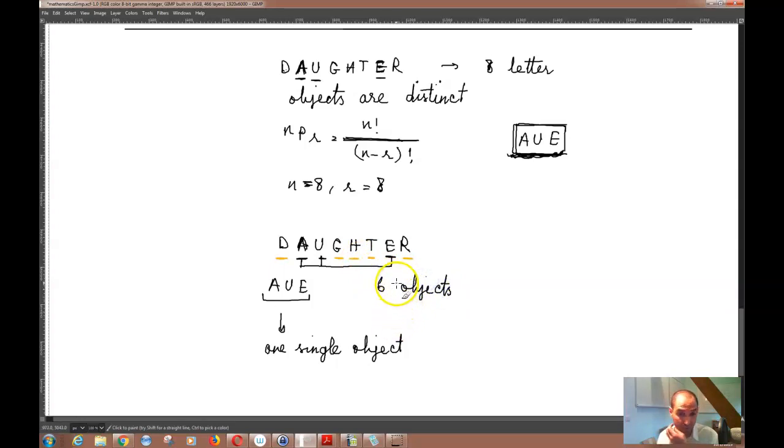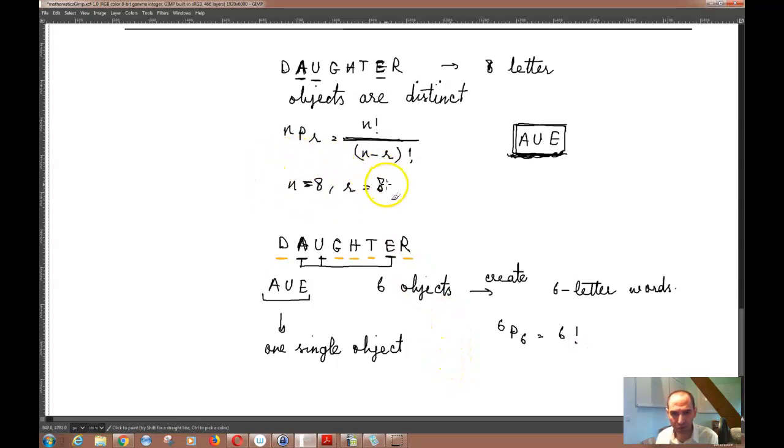You have 6 objects. And using these 6 objects, or using these 6 letters, so to say, you want to create 6-letter words, and so that basically means that you're calculating 6 permutation 6, which is equal to 6 factorial.